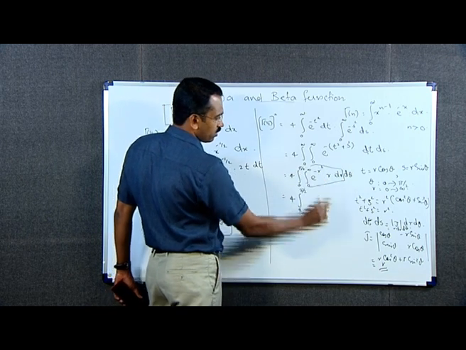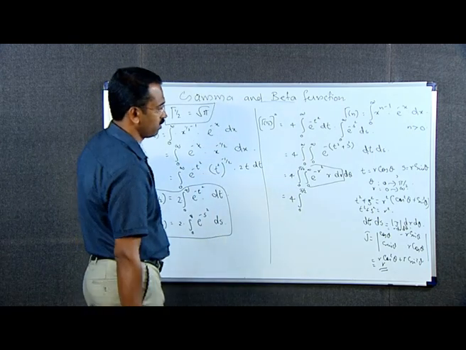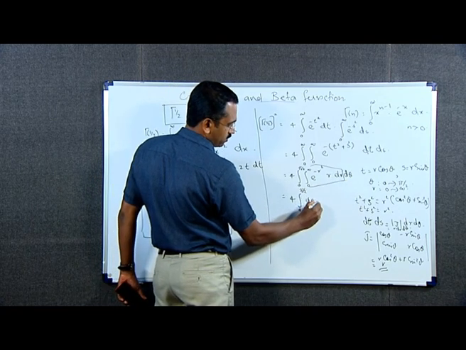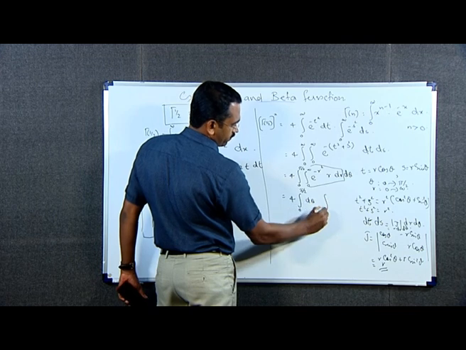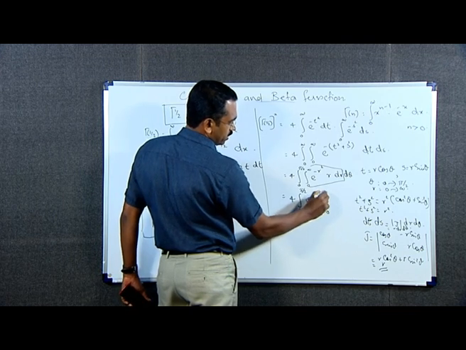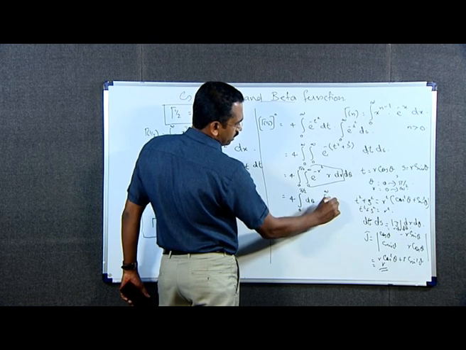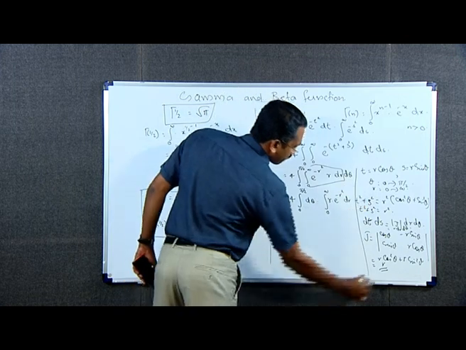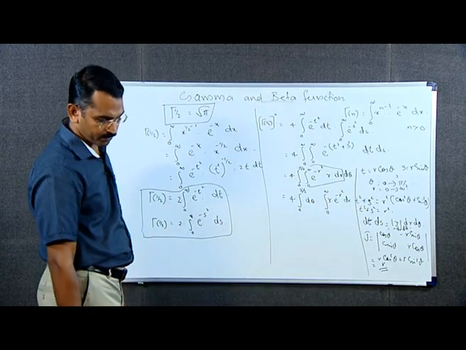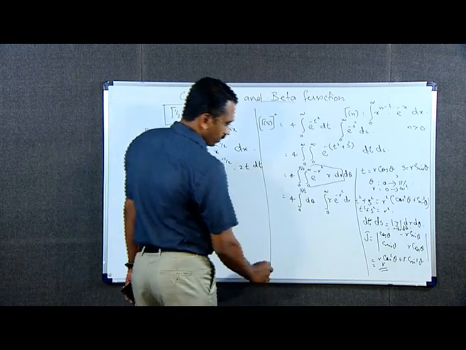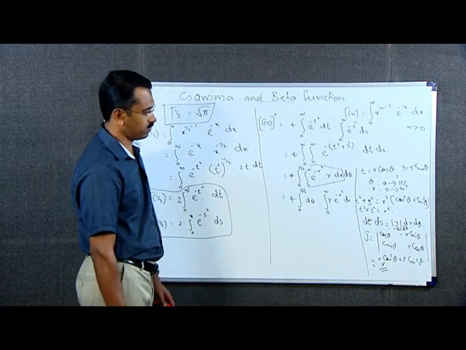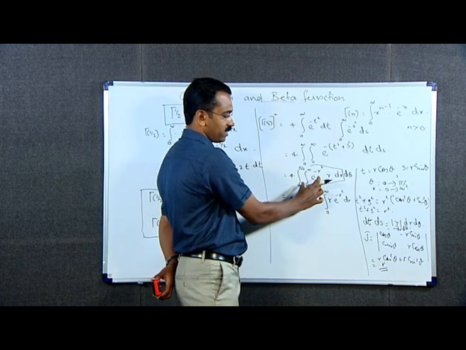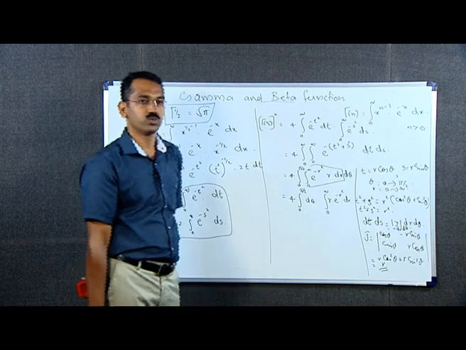Therefore we can take this d theta here, integral 0 to infinity r into e raised to minus r square dr. That is we can consider this double integral as a product of two integrals.